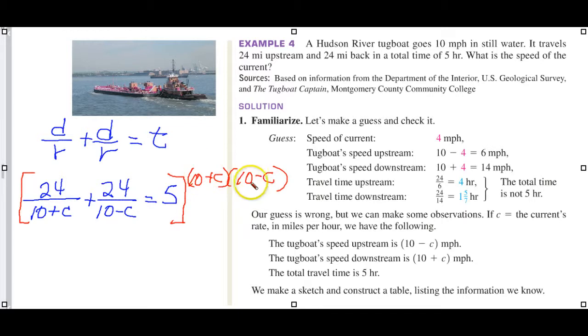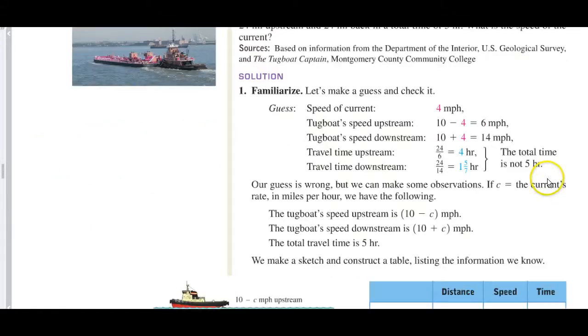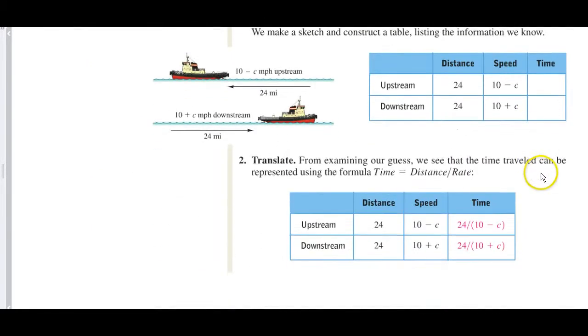And we would FOIL that, multiply it by 5 over here, and then for this 24 we're going to cancel these out and multiply it by this, and this 24 we're going to cancel this out and multiply it by that, and then again there's a lot of work to be done on this, and since they have it all written out here, I'm assuming they made a little chart.